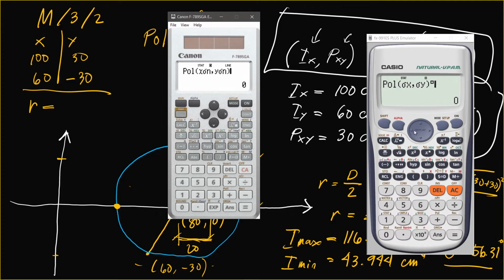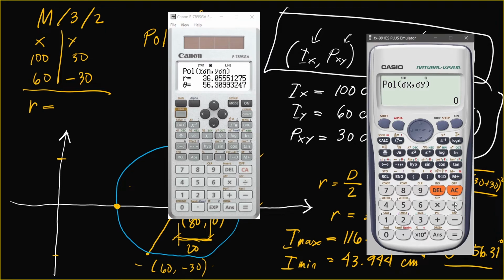When you press equal, the result is radius 36 and theta 56. It is automatically stored in X and Y.